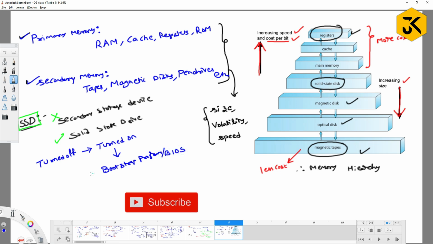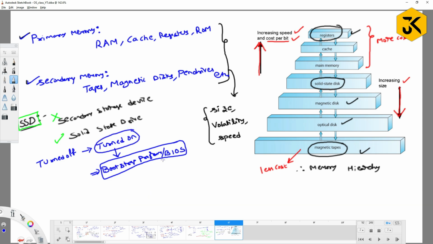This is the first one that will be loaded when your system is turned on. Where does it reside? The bootstrap program resides inside the RAM, right? If we reside it in the RAM, the memory is going to be lost or not? Yes, that's the reason they made it stored in the RAM.